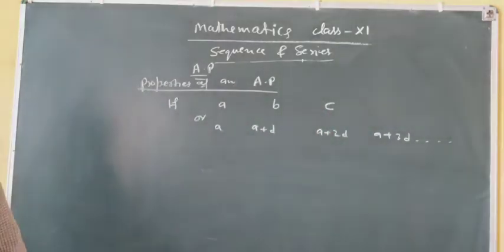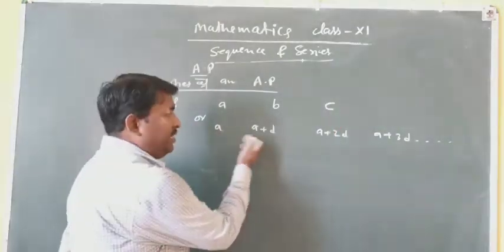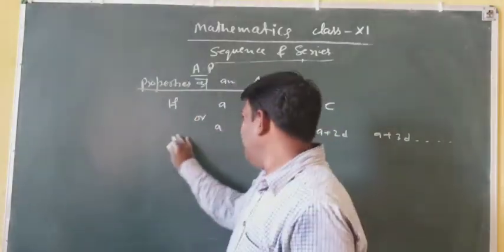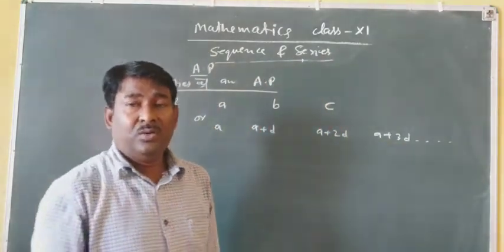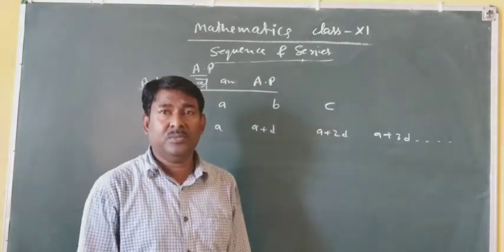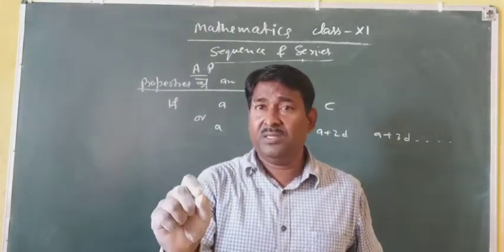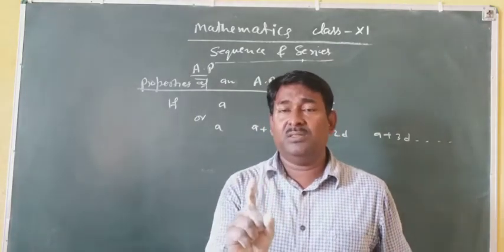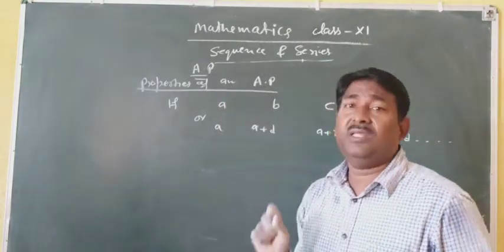Next property is that when again A, B, C are in AP, or A plus D, A plus 2D, A plus 3D are in AP, and we multiply each term by a constant term, means when each term of an AP is multiplied by a constant term, then again the new series will be in an AP.